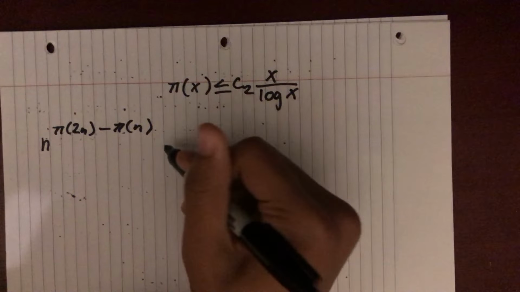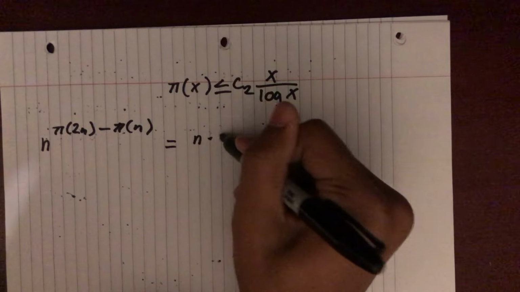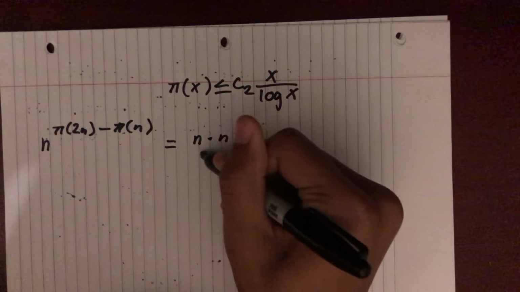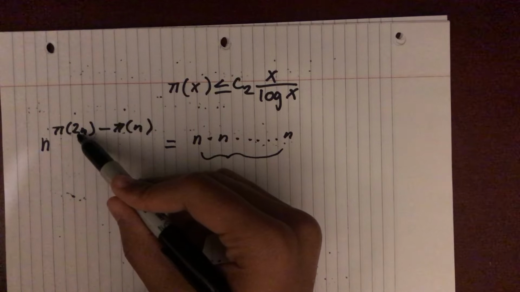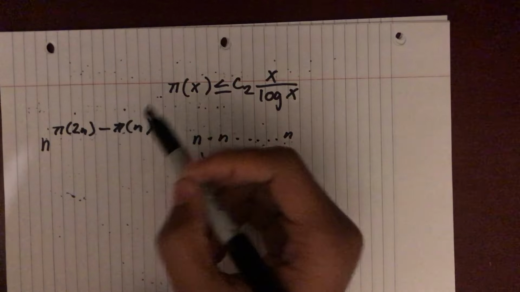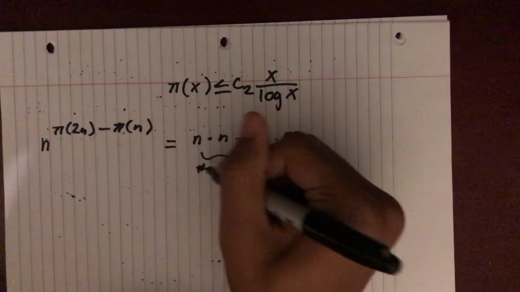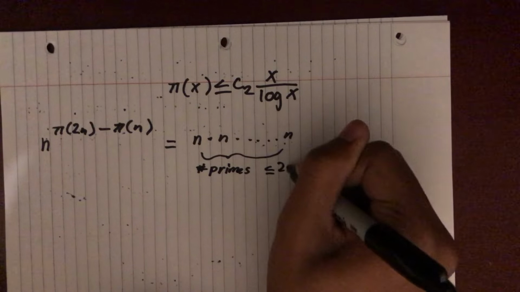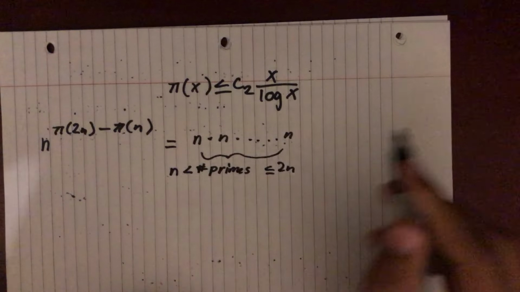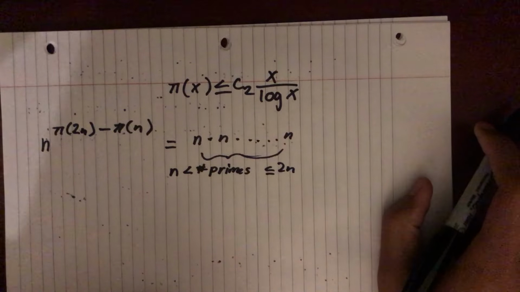So this is like n times n times n, and the number of primes up to 2n minus the number of primes up to n is the number of primes between n and 2n. It's like that many n's.